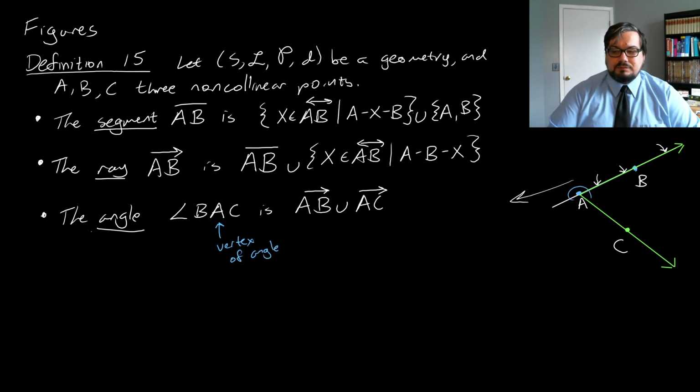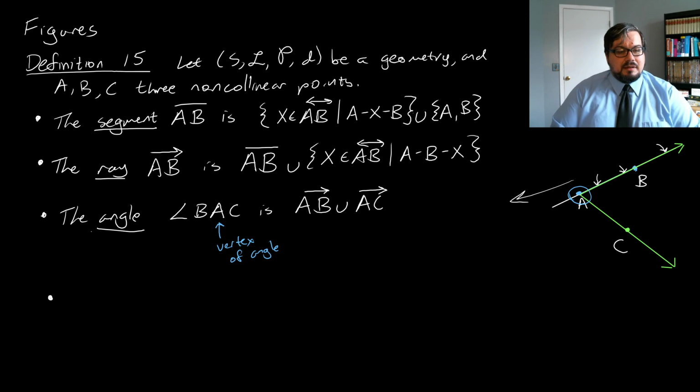It's the point where the angle makes a corner. So the order that these are written down in does matter up to a certain point, but that's what the next theorem is going to tell us. That is how much does the order of these things matter.